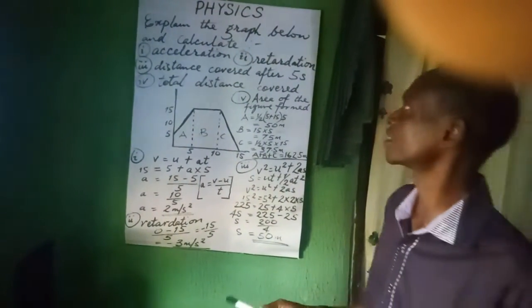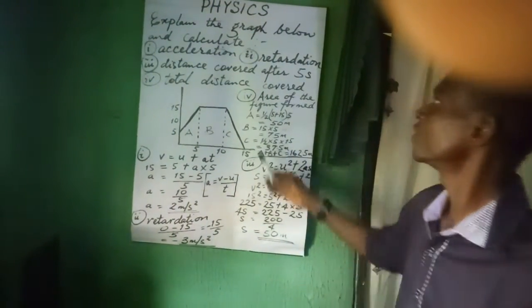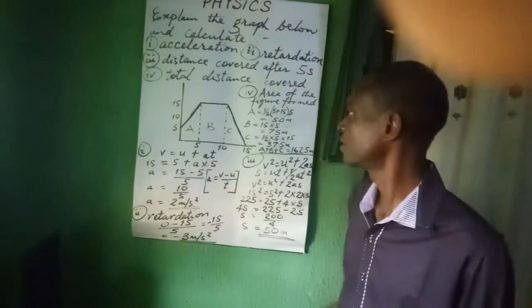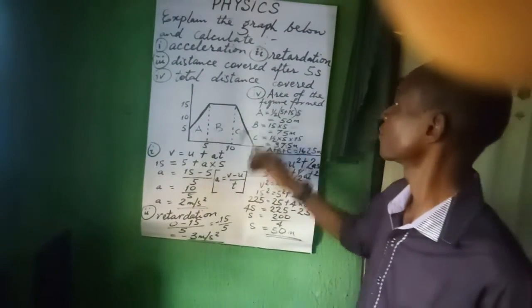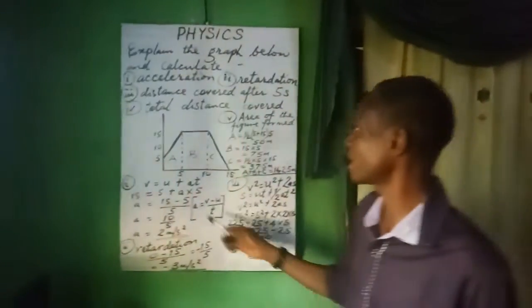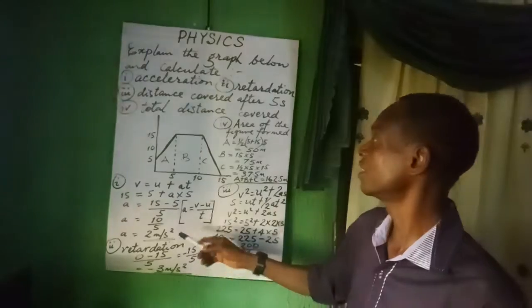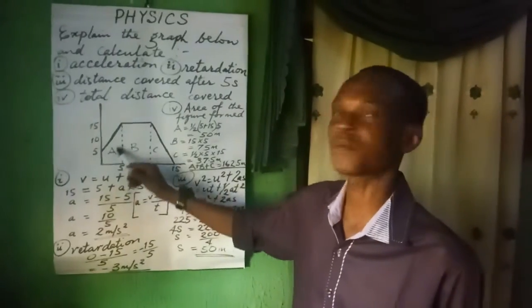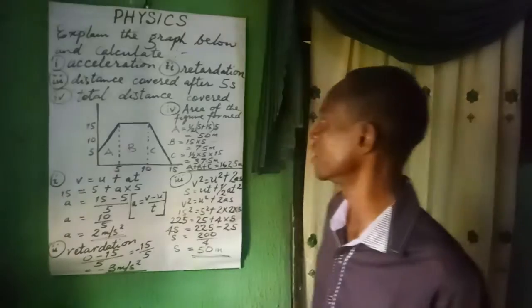Coming to the questions expected of us to solve, the first one is acceleration. We will use one of the equations of motion, which is v = u + at. Going by that, like I had explained, the acceleration in question has to do with the first part, which has been labeled A here.